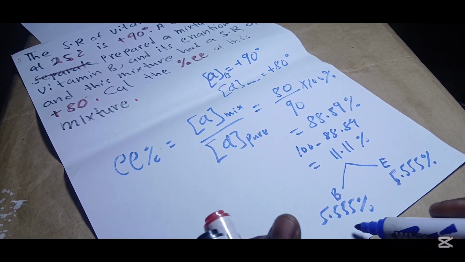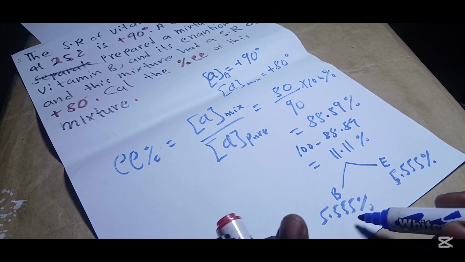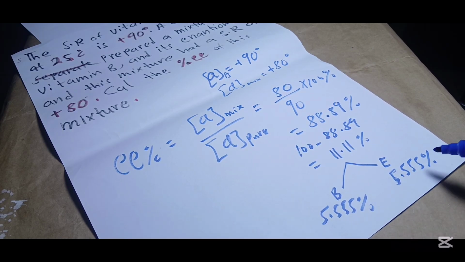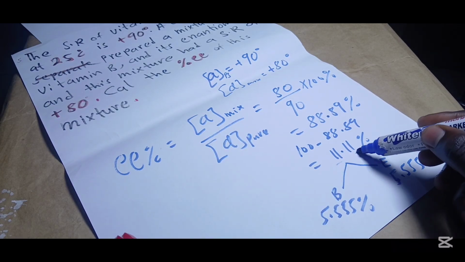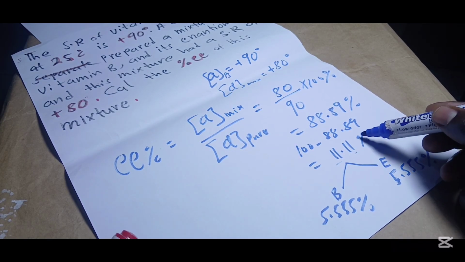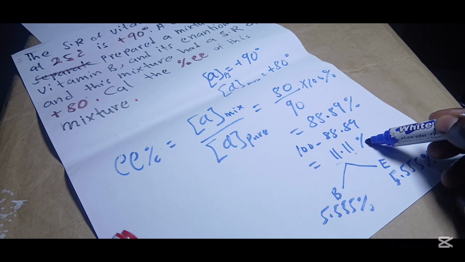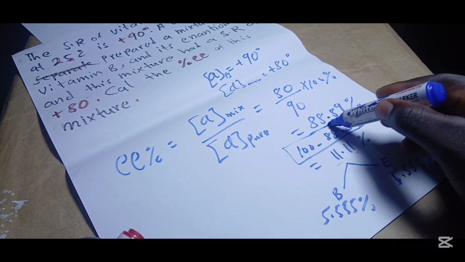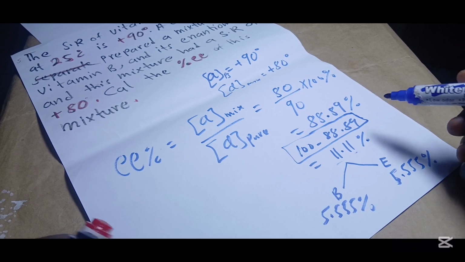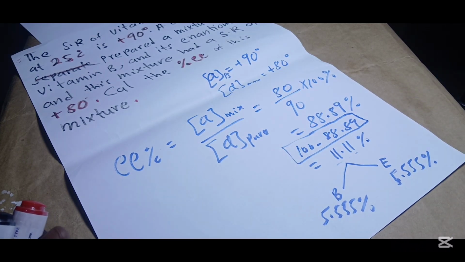So 5.55% of the vitamin B and 5.55% of its enantiomer came together to form a racemic mixture of 11.11%. That is why the enantiomeric excess of the vitamin B itself is not 100%.